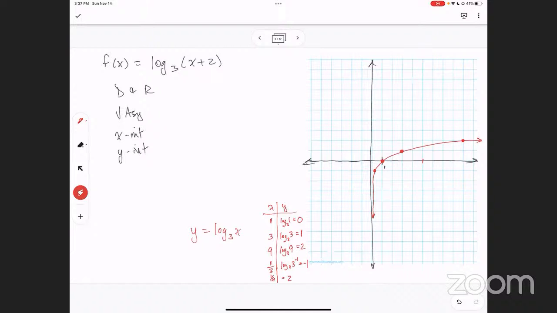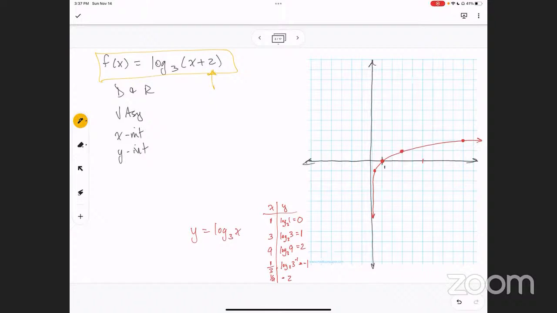Okay. So now let's look at the actual graph that we're trying to graph. I'll do this in yellow. What's the difference between this graph and the one that I just graphed in red? What does this +2 do to it?